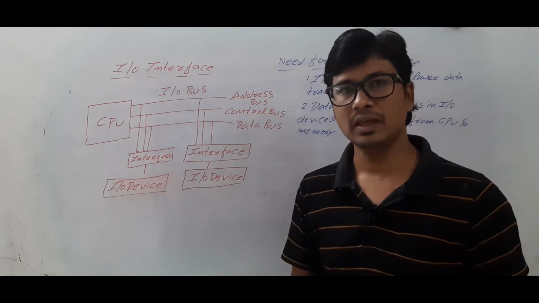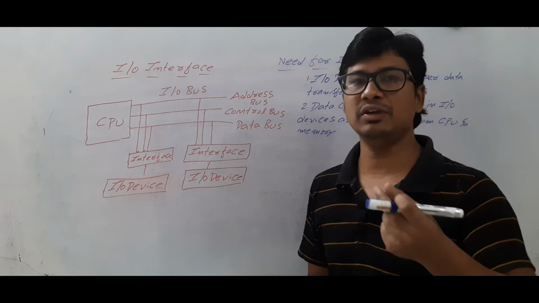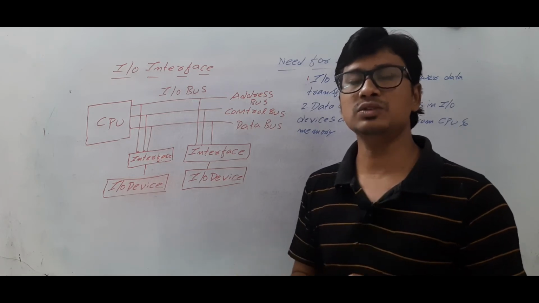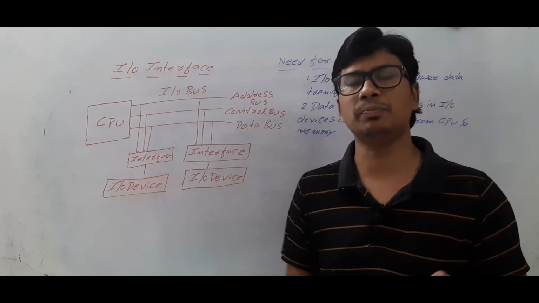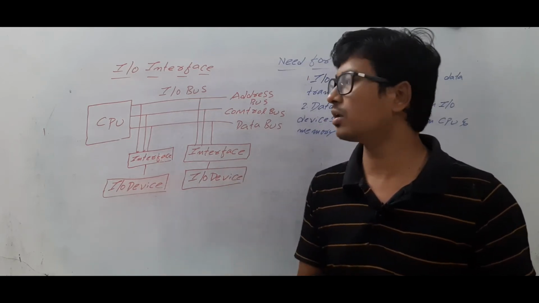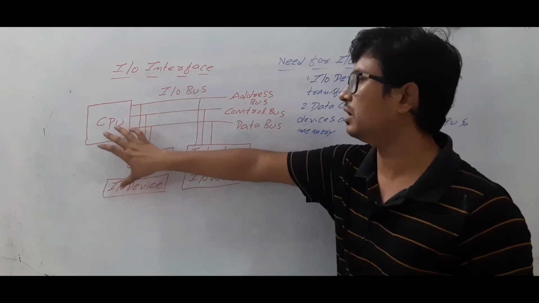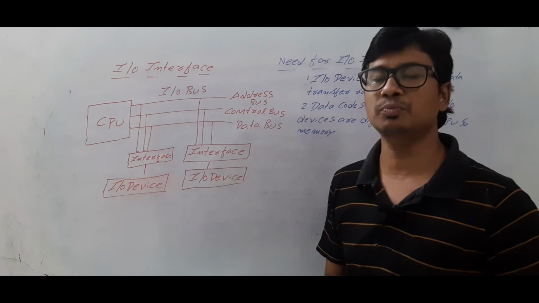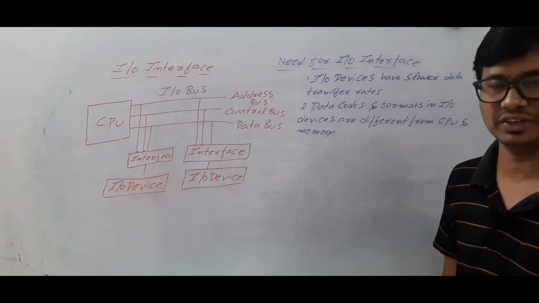However, a keyboard has an 8-bit word, because using a keyboard we transfer one character at a time, and one character is 8 bits. Am I right or wrong? So even the data formats and codes are different between the CPU and the I/O device. Because of these three points, we need the I/O interface.